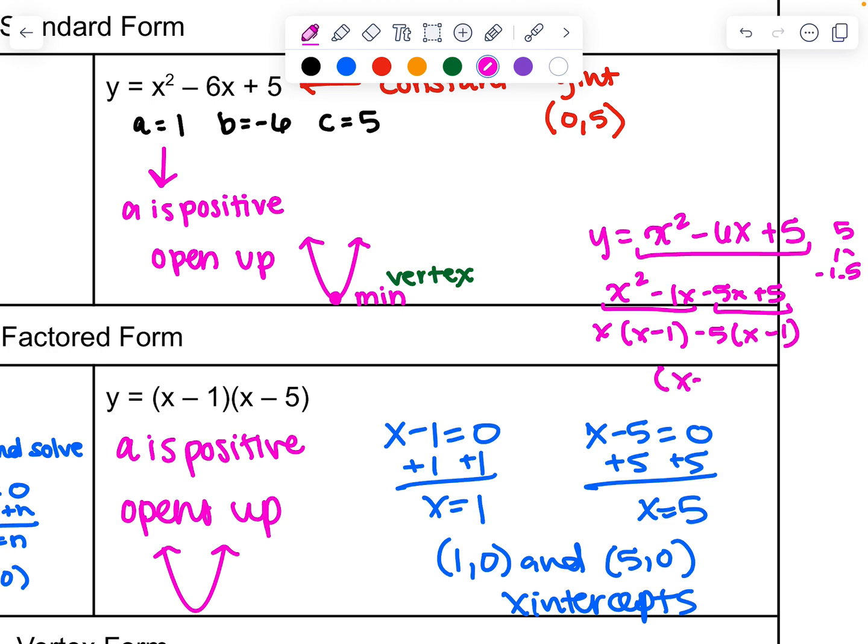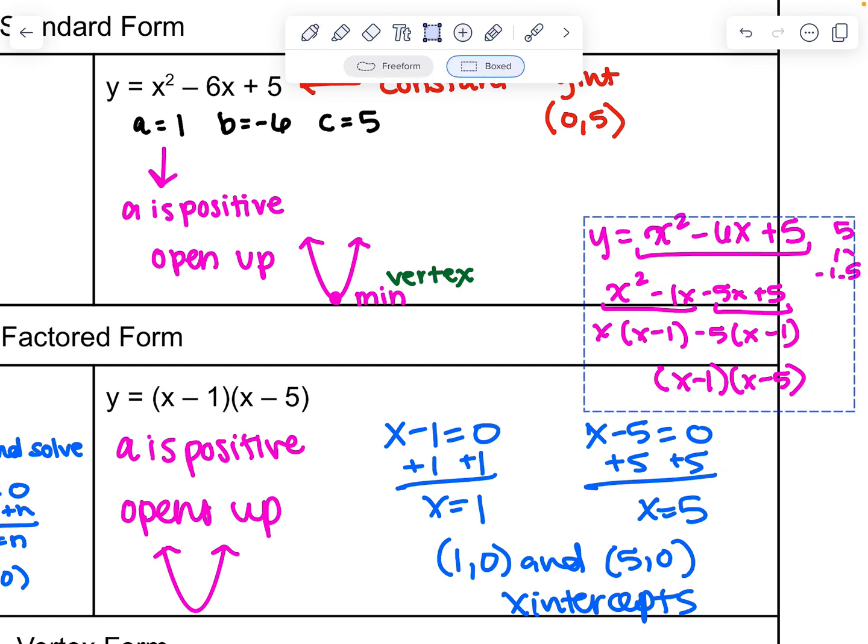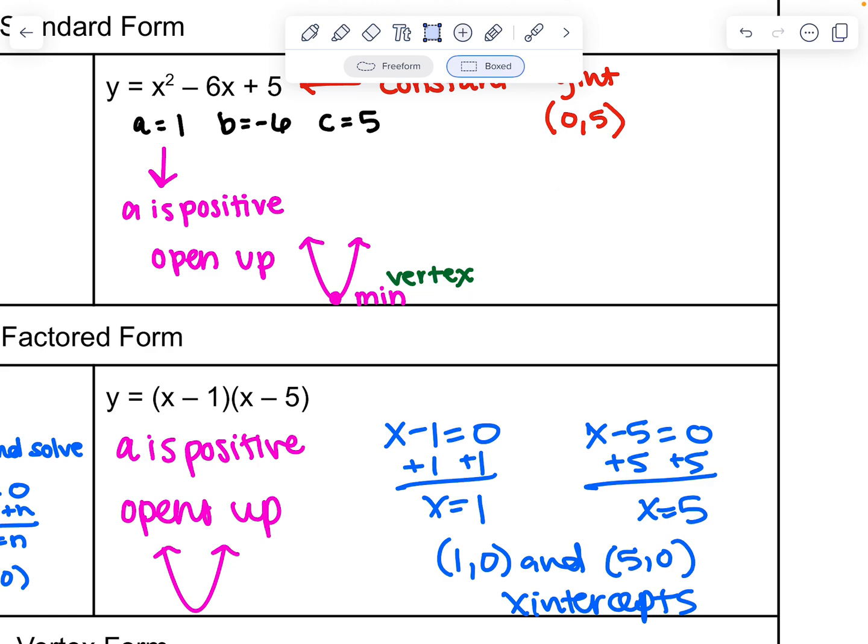That leaves me with x minus 1 times x minus 5. So that's where those two factors came from. You can take your standard form and get your factored form to find your x-intercepts. And that's going to be one of our goals, is we want to be able to do that. We're also going to want to be able to distribute to go from factored form back to standard form so that we are able to find our y-intercept.